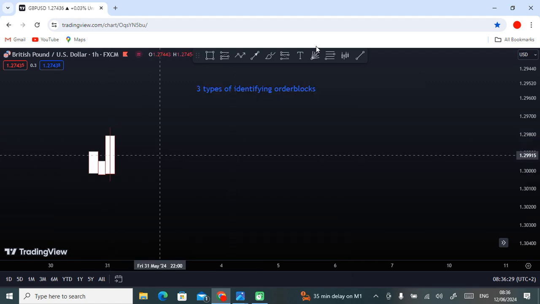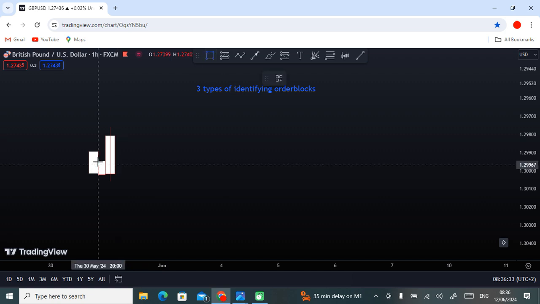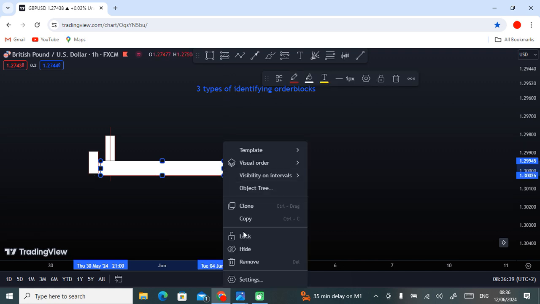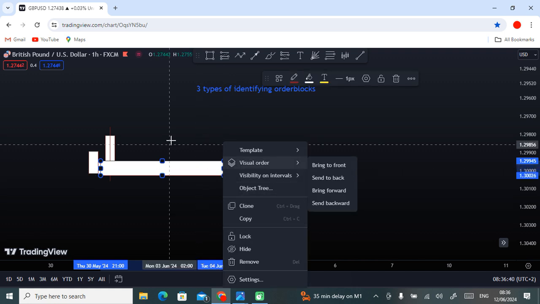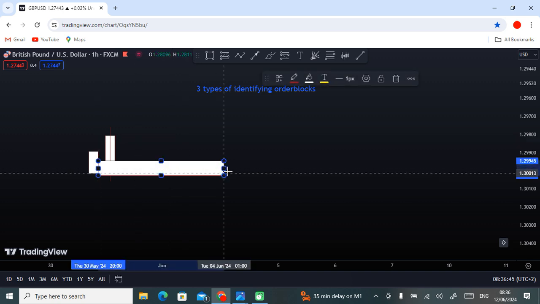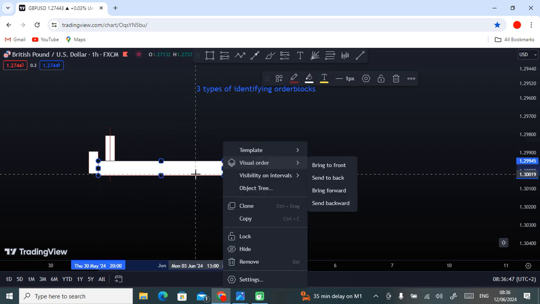This is what we call a hidden order block. So we'll be looking at this area here. Let me try to make this one a different color.